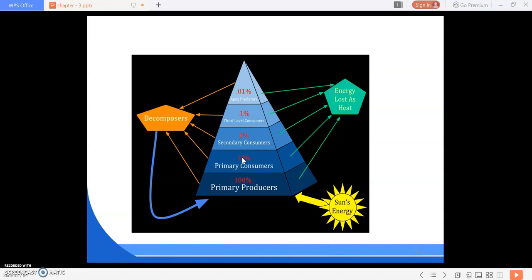The pyramid of numbers is based on the number of organisms at each level, the pyramid of biomass is based on the biomass of organisms, and the pyramid of energy is based on the rate of energy flow and/or productivity at successive trophic levels.